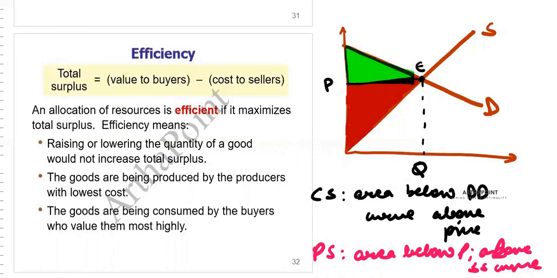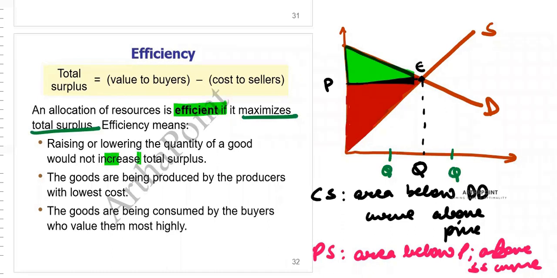Now, any allocation is said to be efficient if it maximizes this total surplus. Whenever you increase total surplus, that is going towards that efficient outcome. Now, suppose I tell you that I want to increase or decrease the quantity.